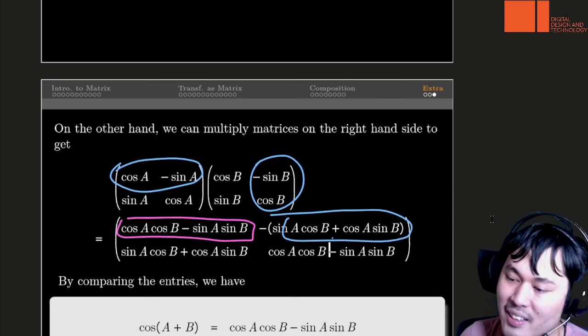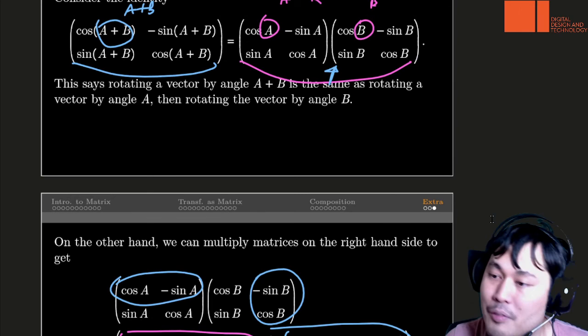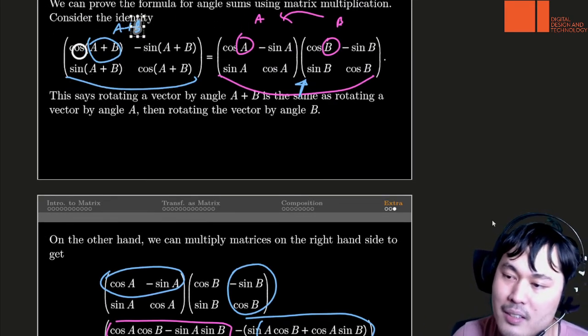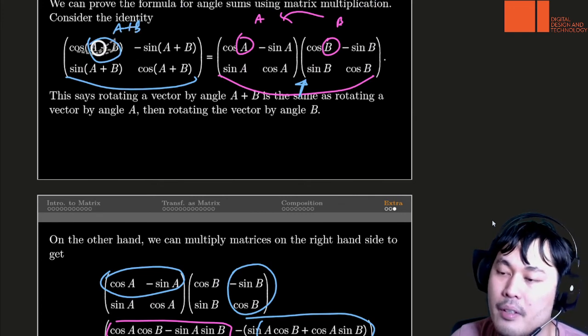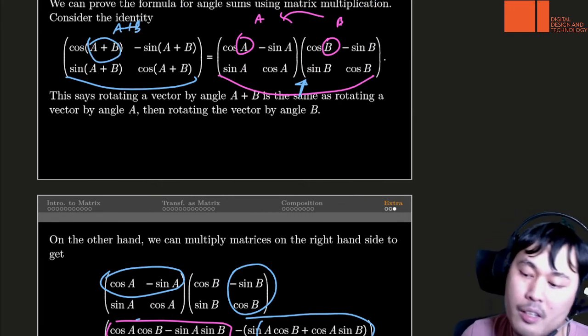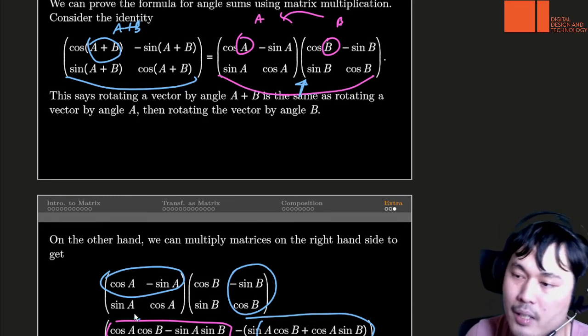But at the end, what we get from this multiplication is that the left hand side, the cosine of the sum of angles, can now be expressed in terms of sine and cosine of those 2 angles.